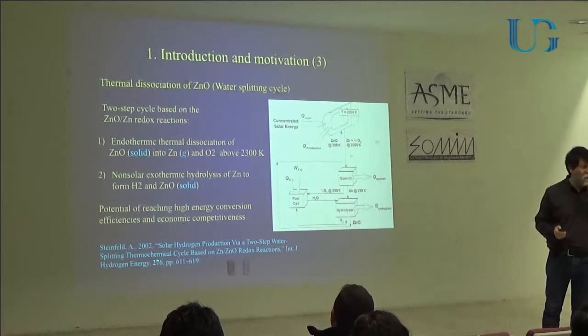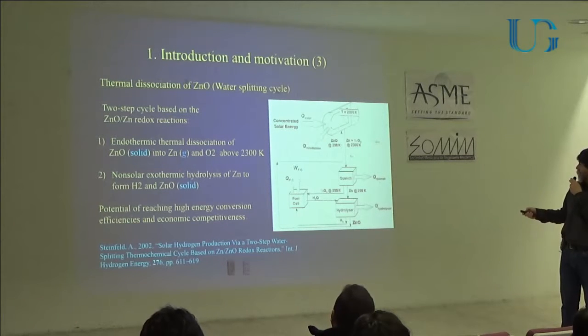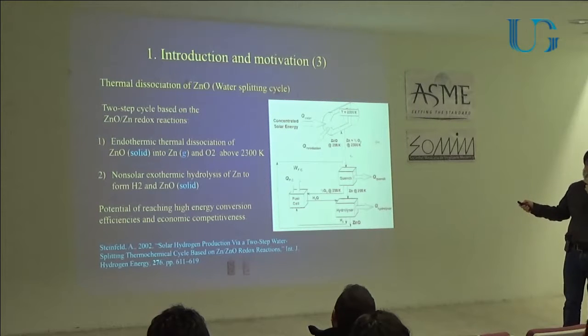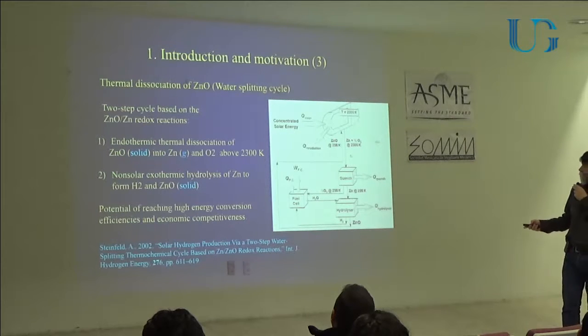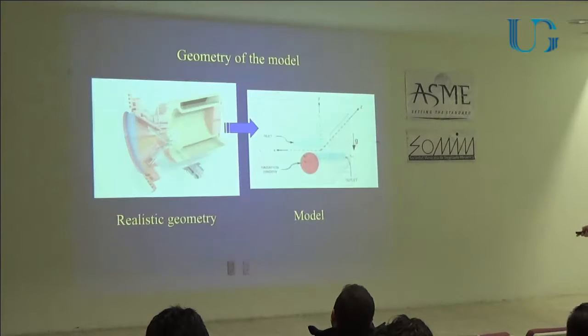The idea sounds really good because not even the tin oxide is wasted, because it comes back. It goes back to the reactor. So we're interested in this problem, and we will see whether we can understand the thermal processes that take place in the reactor.